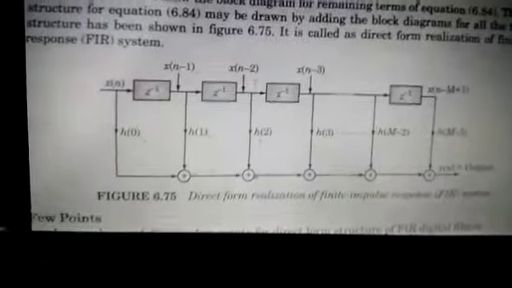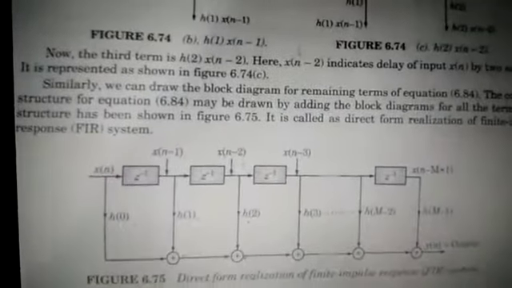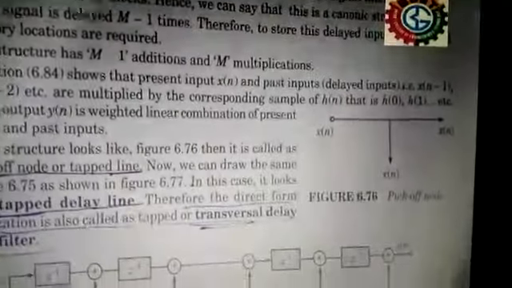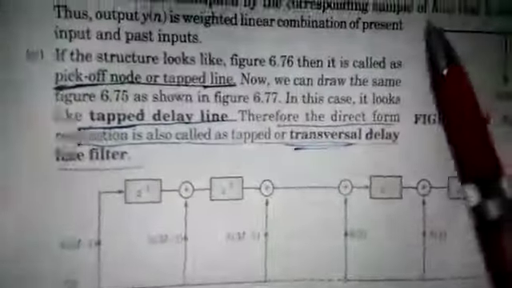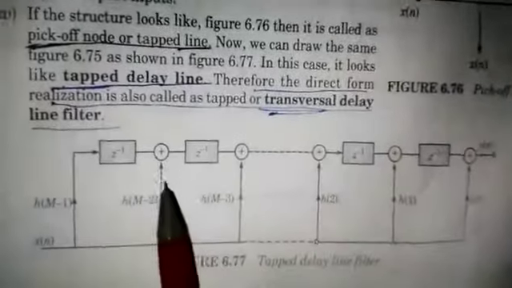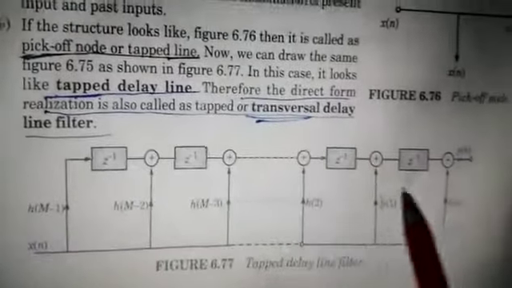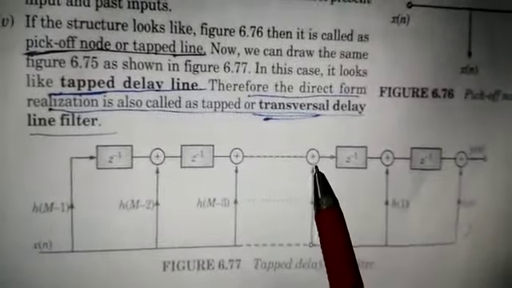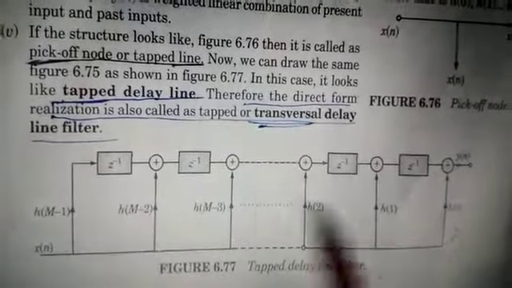So using this direct form structure, you can also show here, this is direct form, but this is called a tapped delay line structure, or a transversal delay line filter.